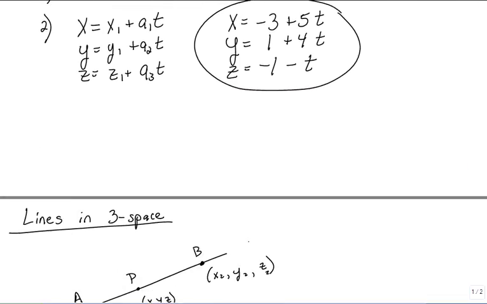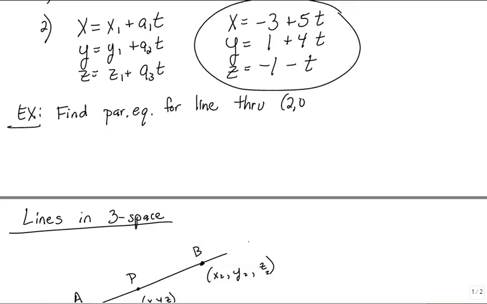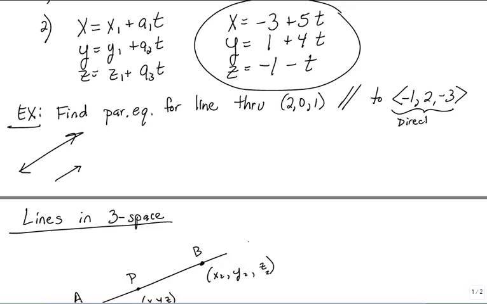And let's look at another example. Find the parametric equation for the line through (2, 0, 1) parallel to the vector (-1, 2, -3). Well, if the line is parallel to this vector, then this is the direction vector for the line.